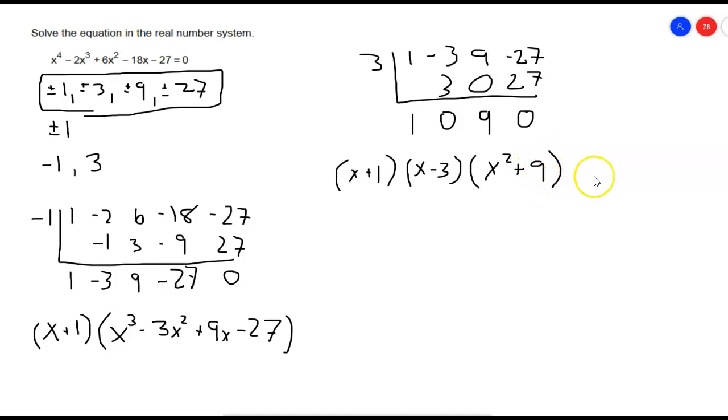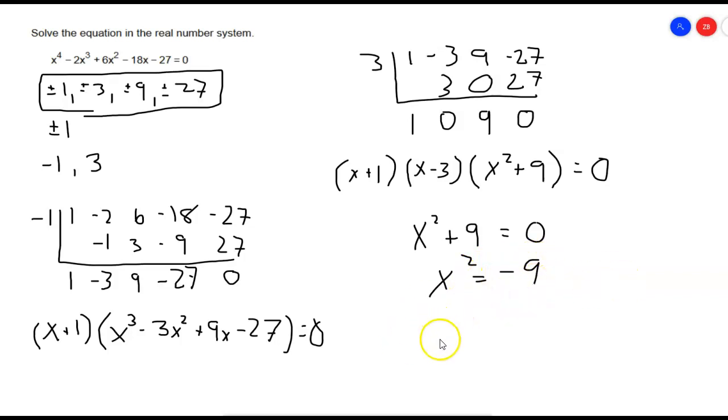When we're finding the zeros, we set that equal to 0. The only 2 factors that we have left come from this x squared plus 9. So x squared plus 9 is equal to 0. Subtract 9 from both sides, so x squared is equal to negative 9.